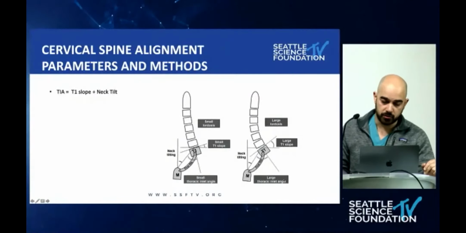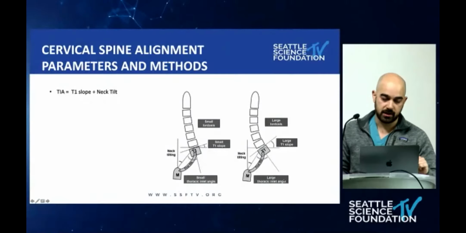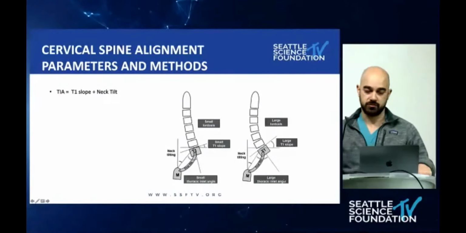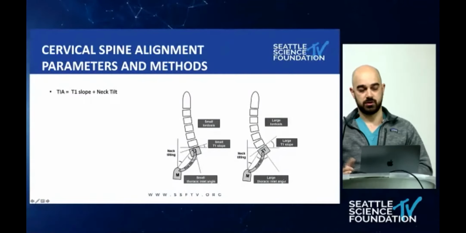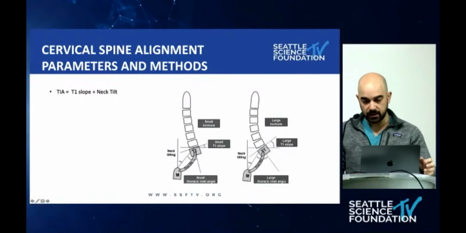Your T1 slope is similar to your sacral slope: a line over the superior end plate of T1, and the angle between that and the horizontal line. There's a similar correlation between these measurements in the cervical spine, whereby thoracic inlet angle equals T1 slope plus neck tilt.